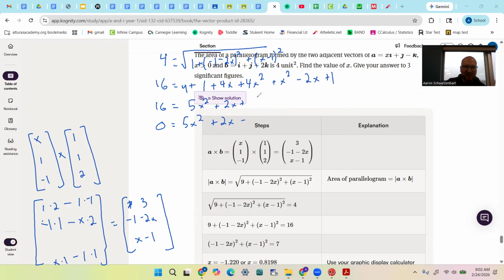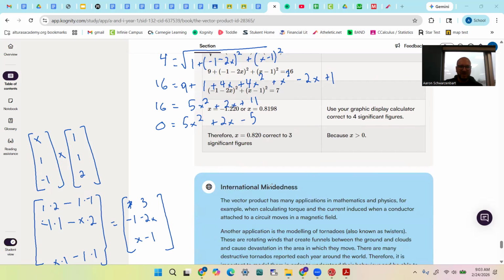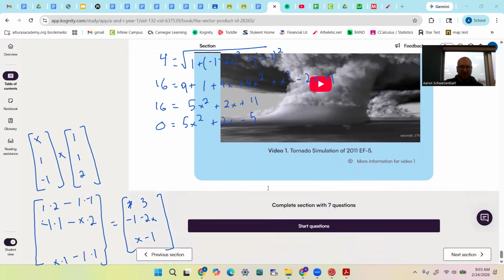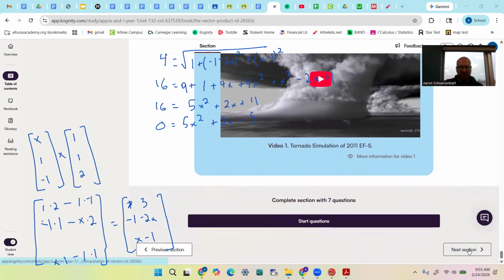Nine. So 11, -5. Now I get the same values they have. So it's very important to be very careful with your cross products.